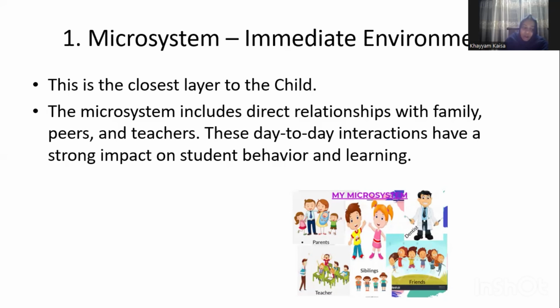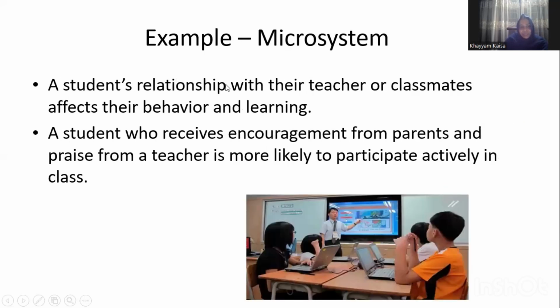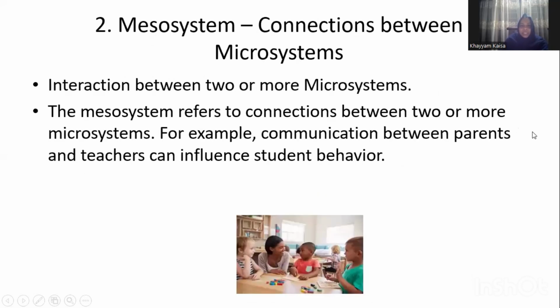Teachers can build strong relationships, establish clear expectations, and use positive reinforcement to influence behavior effectively. Let's see an example of the microsystem. A student's relationship with their teacher or classmates affects their behavior and learning. A student who receives encouragement from parents and praise from a teacher is more likely to participate actively in class. So this is the microsystem.